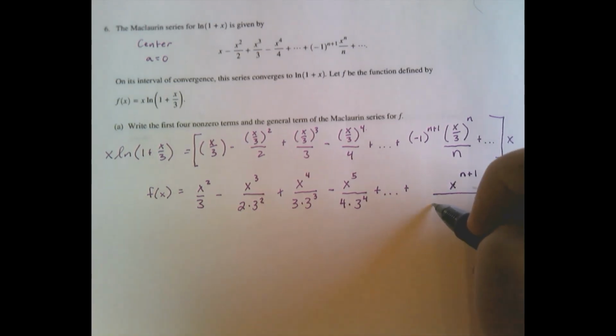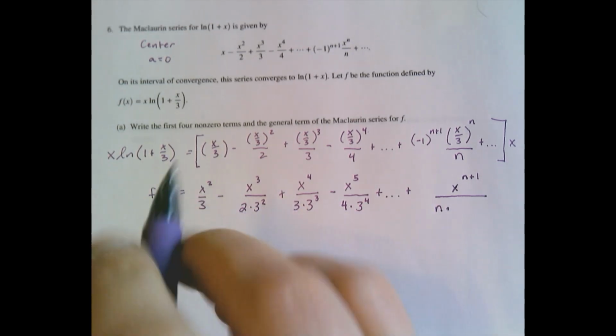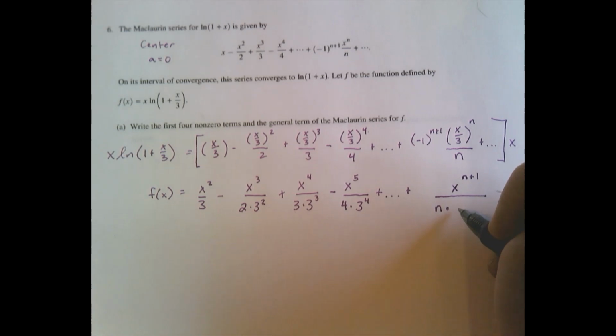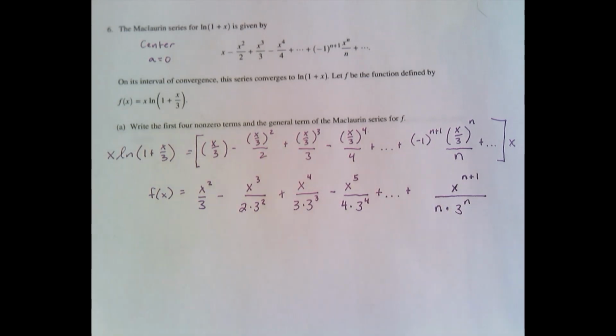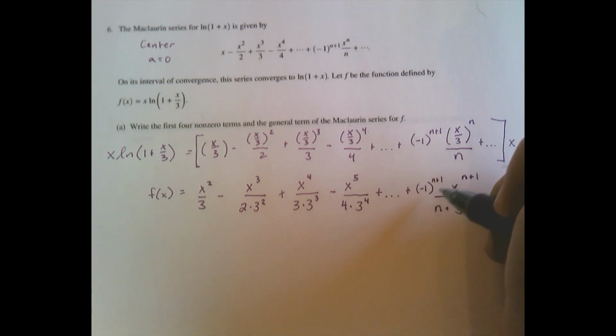So what we have is n in the denominator, times, and if you'll notice, we also have 4, 3, 2, 1, so we have this 3 to the nth power in the denominator. And then finally, we have the alternating, so we have to include an alternator. And there's our general term.